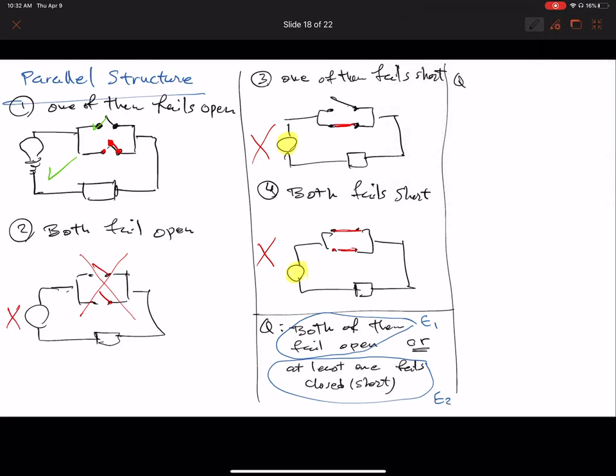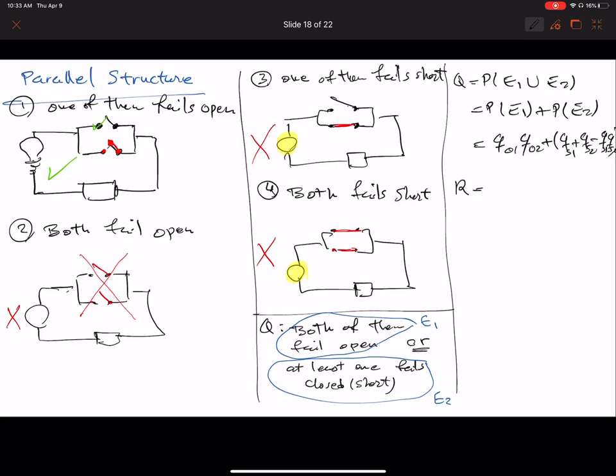Therefore, Q is probability of E1 or E2 equal to probability of E1 plus probability of E2, which is, so what is the first one? Probability that both of them fail open. QO1 and QO2 plus QS1 plus QS2 minus joint probability QS1, QS2.